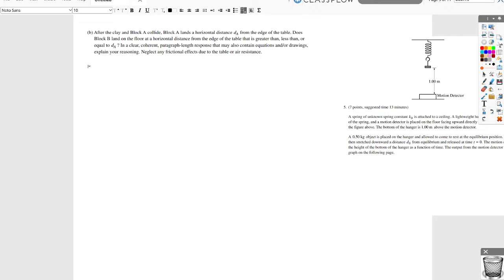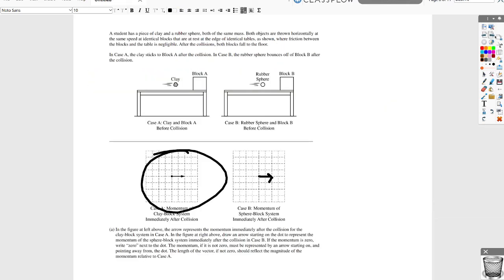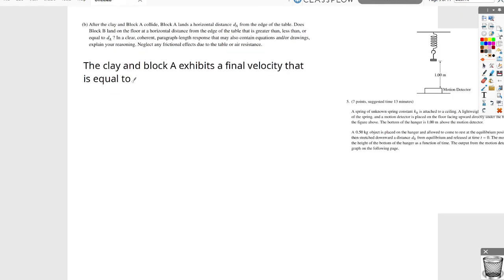So this is hard, or well, it's not that hard, but let's see. So block A, the clay and block A exhibit a final velocity that is equal to... what is it? Clay block. Okay, so I'm just going to make the equation.